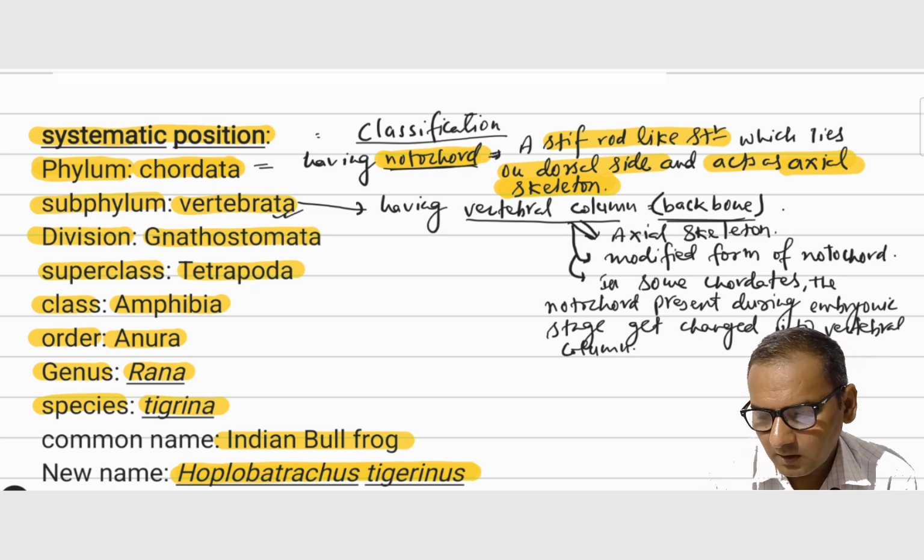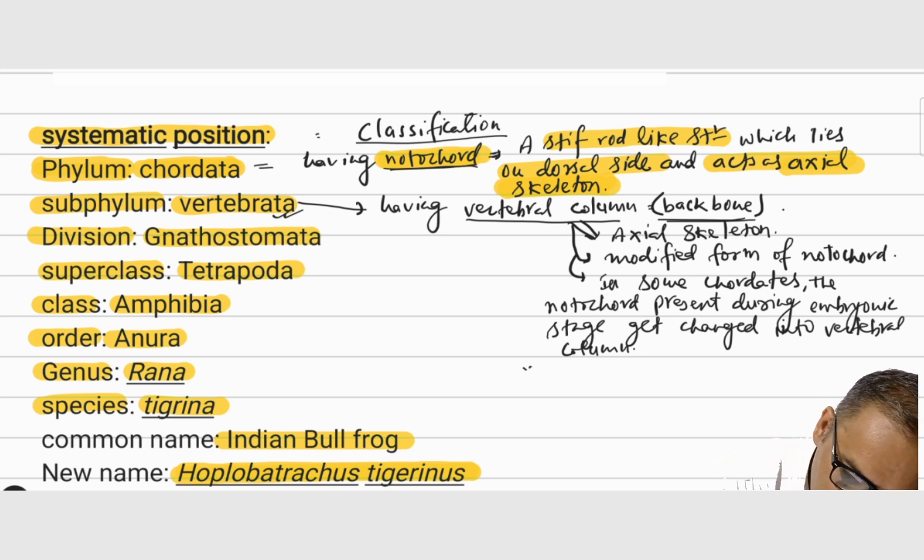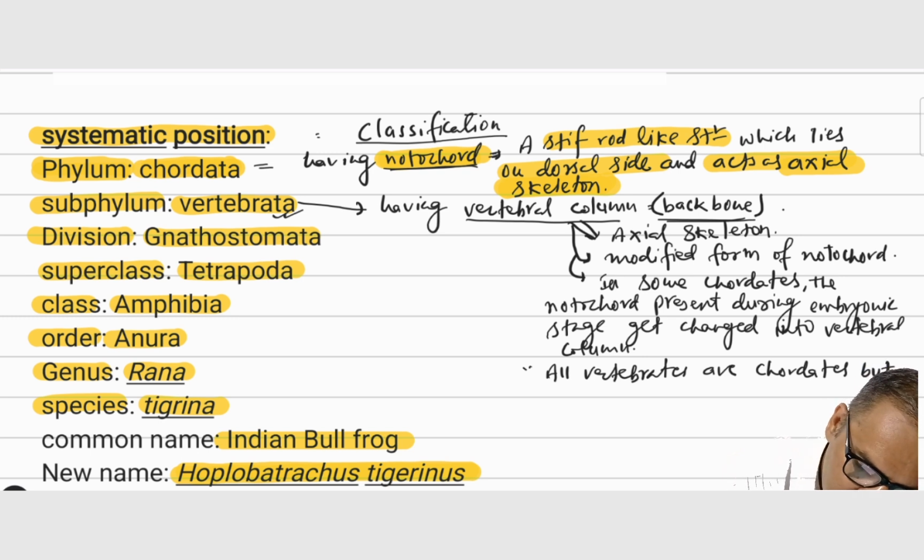So, all vertebrates are chordates. That is why we can say that all vertebrates are chordates, but all chordates are not vertebrates.